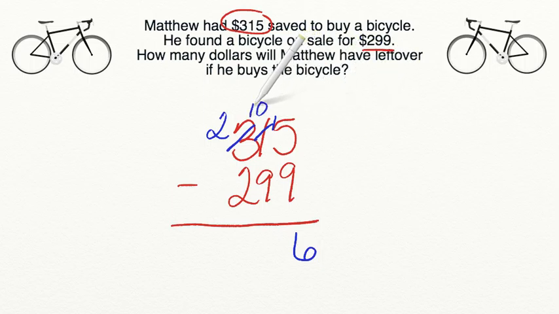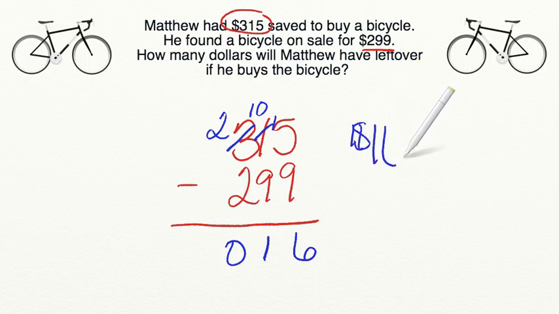So now we have 10 minus 9, which equals 1. 2 minus 2 equals 0. So that means that Matthew will have $16 left over if he buys the bicycle.